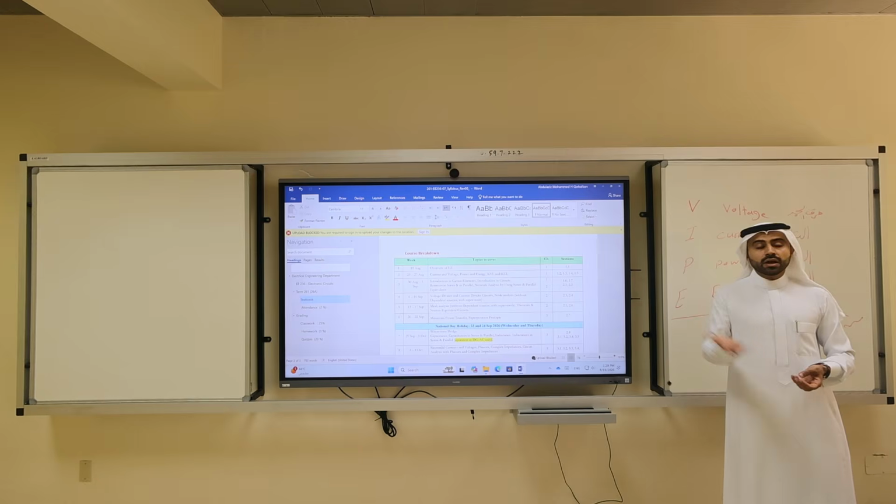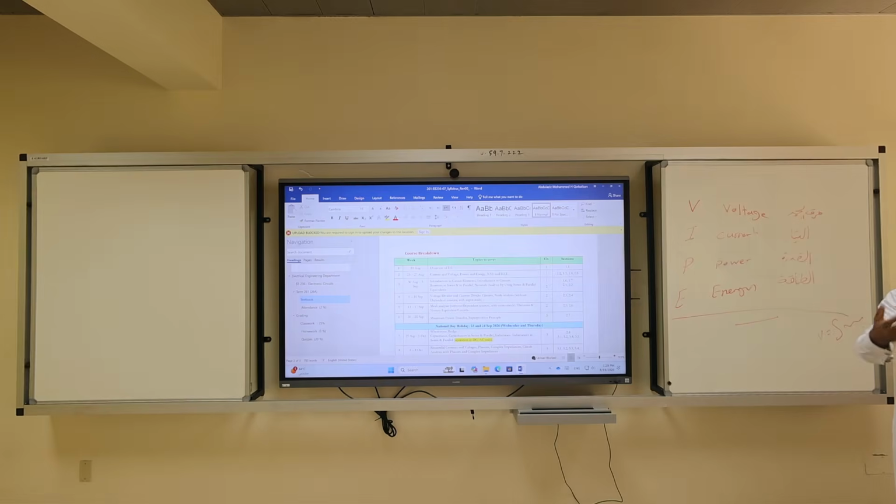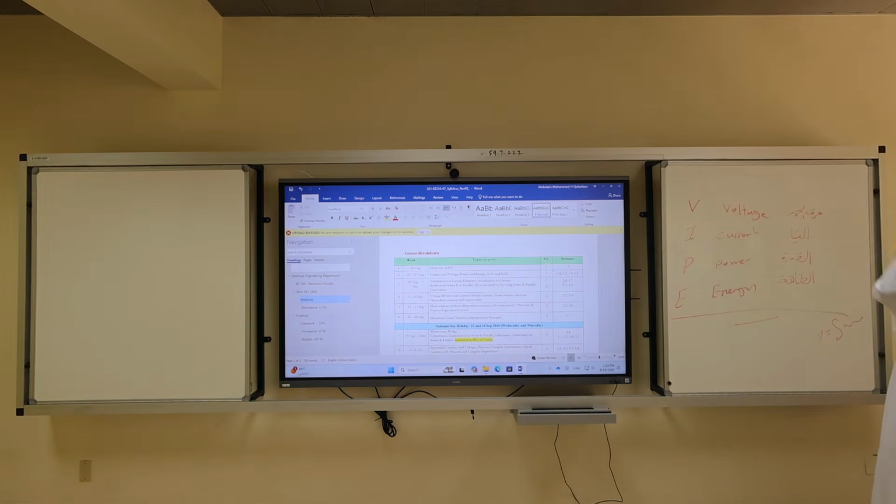For example, electric power plants. Some mechanical engineers will work in electric power plants, or regulators, electricity regulators. Some industrial engineers will work there. Or any other facility. If you work for oil and gas, you will have electrical sensors, right? Mechanical engineers, how do you measure the pressure?